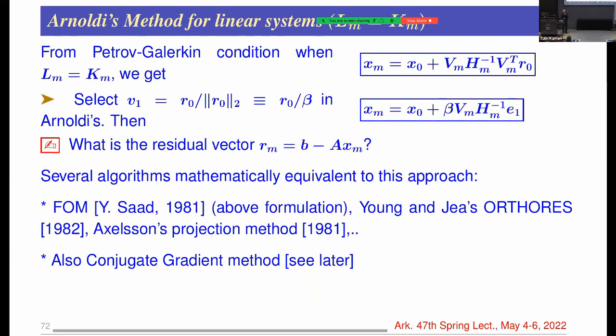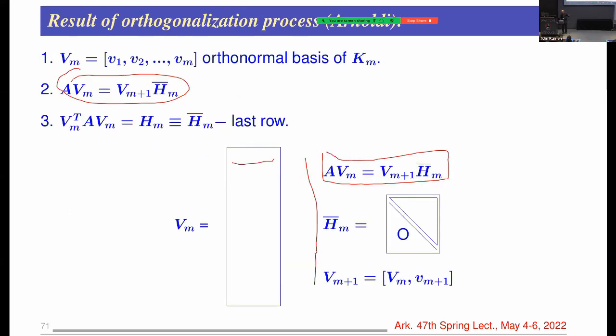If you look at trying to solve a linear system of equations, then you can write the orthogonality condition. Now we take V1 to be simply R0 divided by its norm, because V1 is supposed to be of norm 1 here.